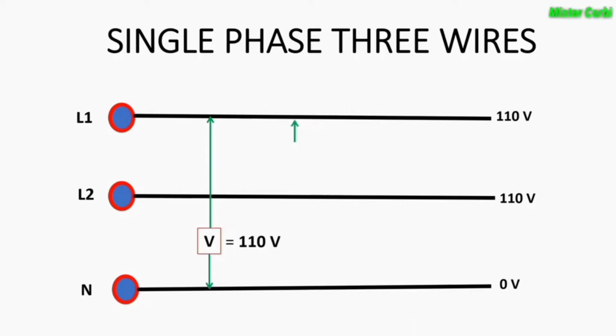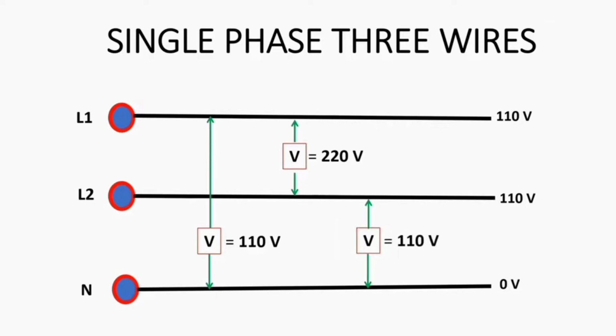Line 1 and line 2, the total voltage we have here is 220 volts. Line 2 and neutral, 110 volts from line 2 and 0 volt from neutral is equal to 110 volts.